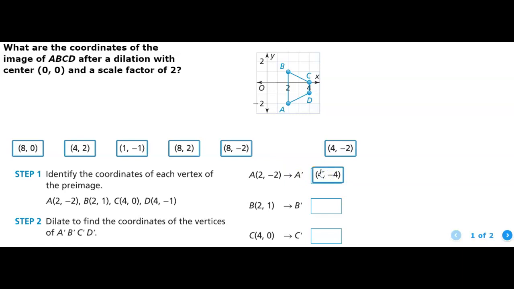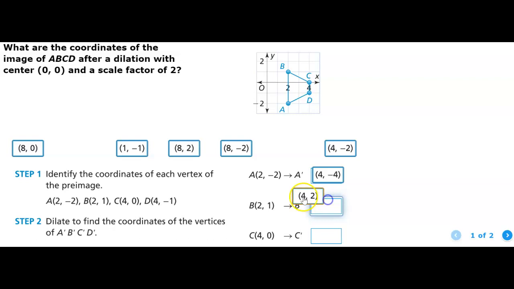And then for the next one, B, 2 and 1. If I start from my origin and go through B, times 2, so that'll be 4 and 2.